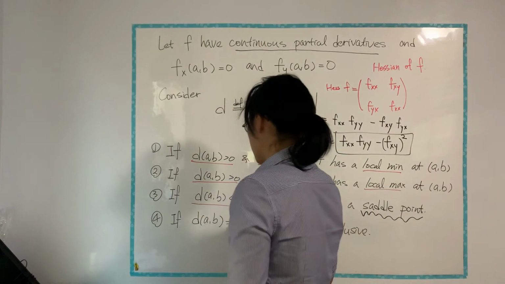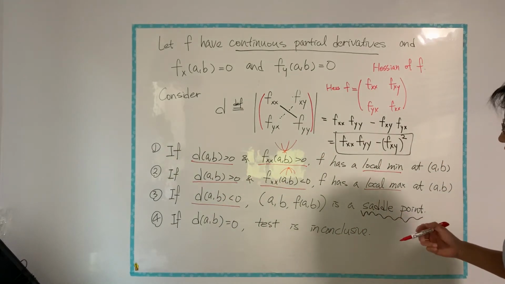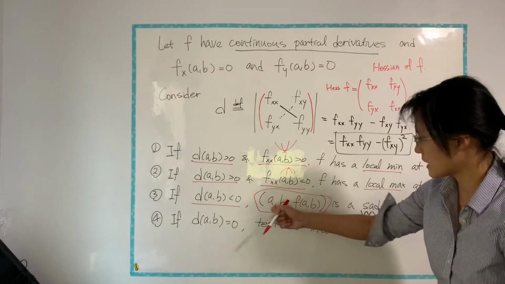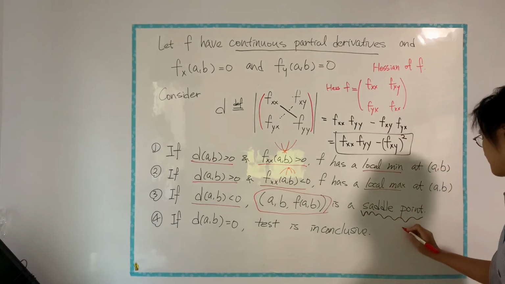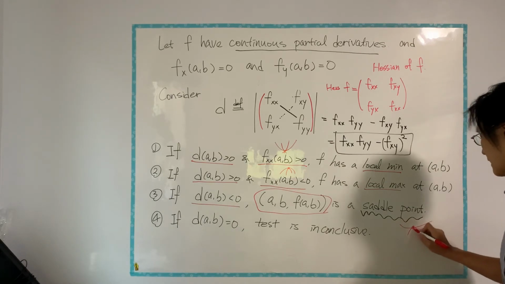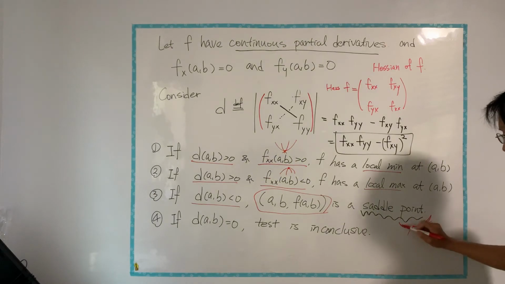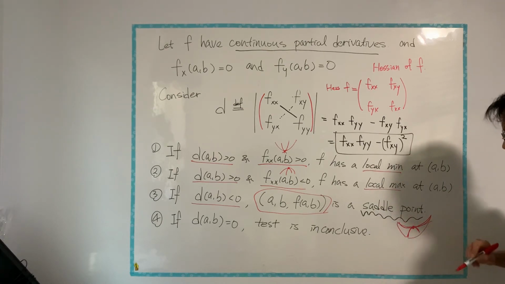However, if the determinant at (a, b) is negative, then this point on the surface, with x, y, z, will be like a saddle point like this. Along one direction it's like a minimum, along another direction it looks like a maximum. So this type of point is the so-called saddle point.